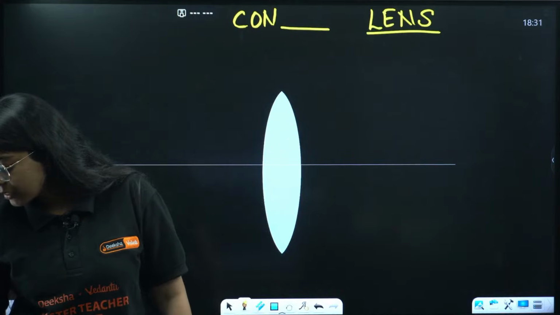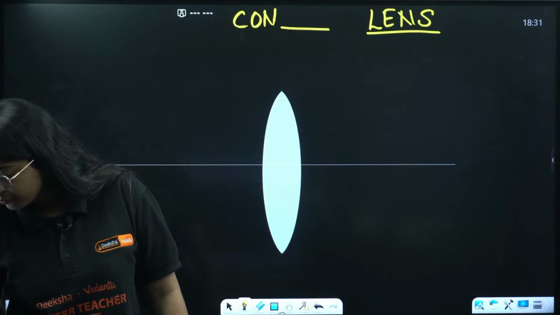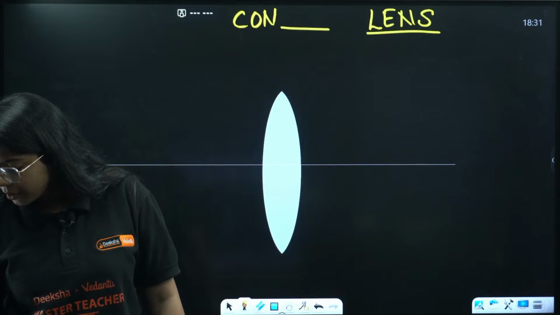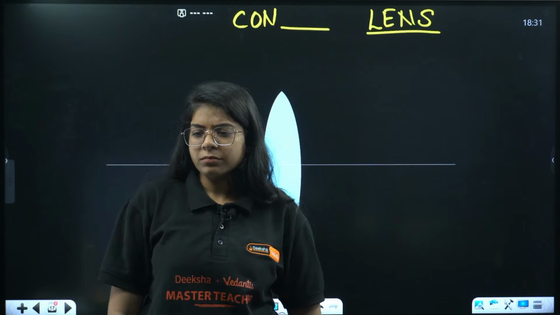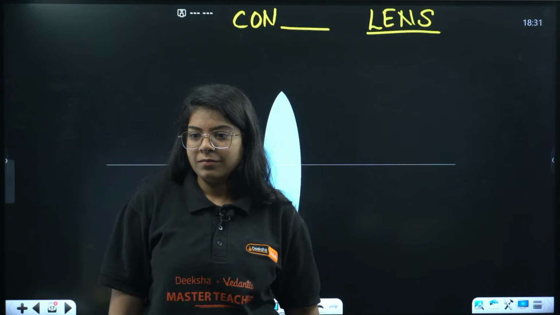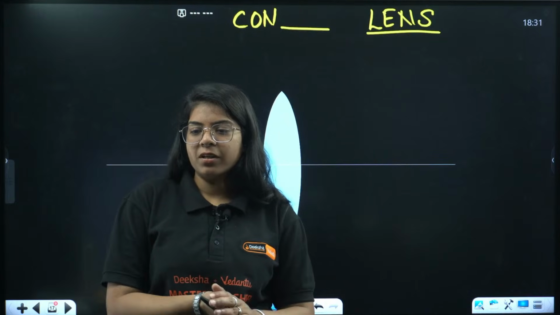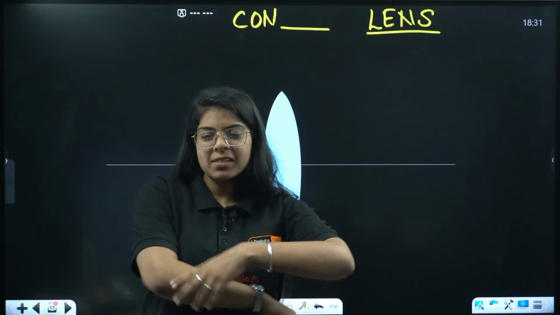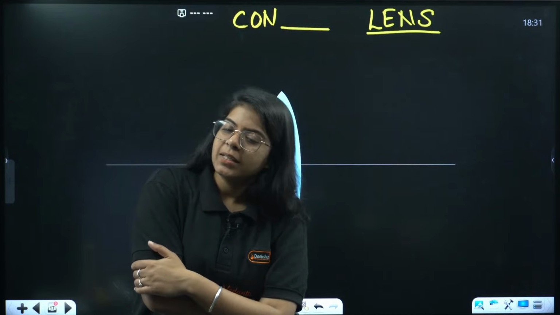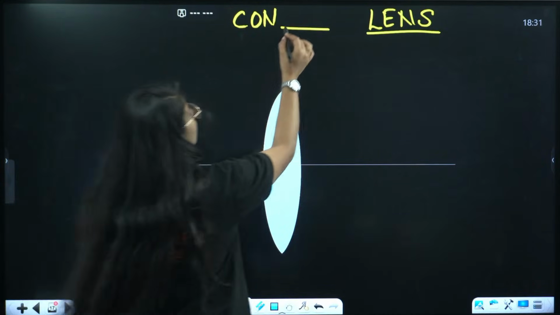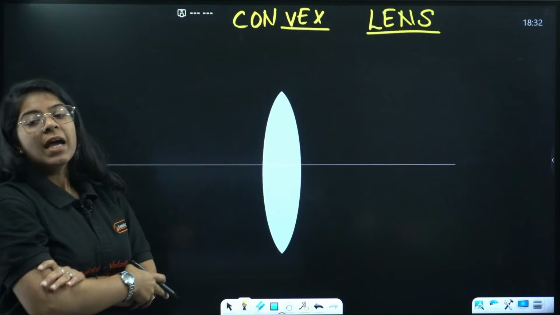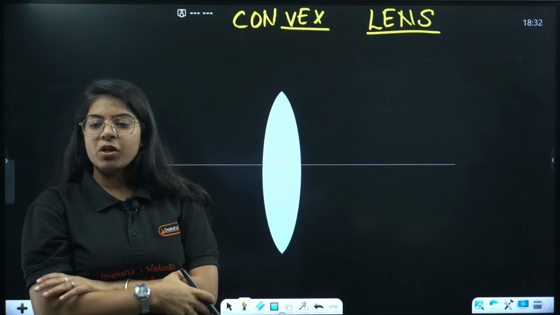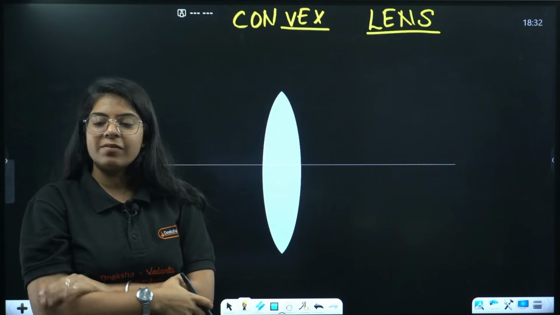Which lens is this? Convex, very good. Satyam and Amit Kumar are saying it is a convex lens, very good. Yuvan is also saying convex lens, very good.